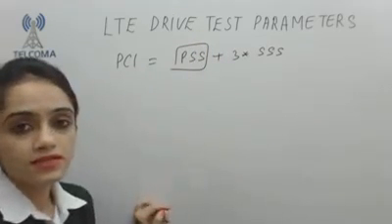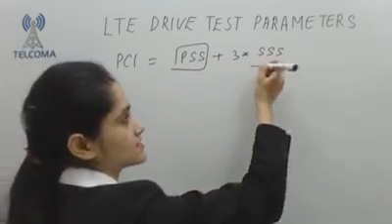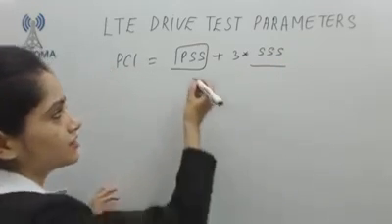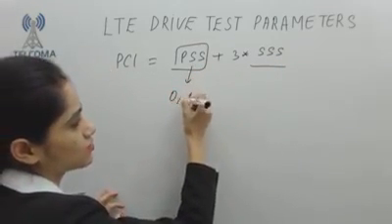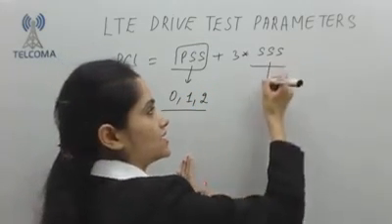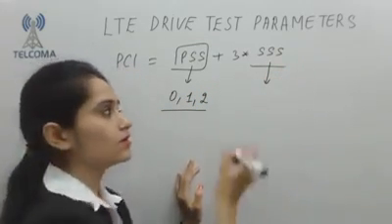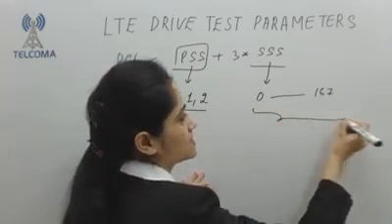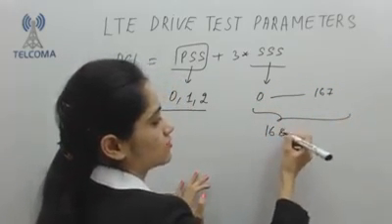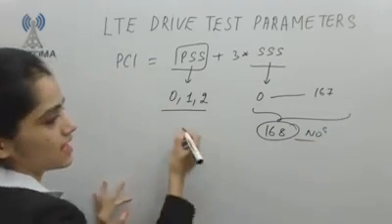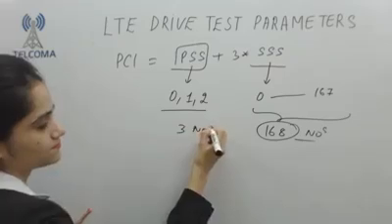PSS is primary synchronization signal and SSS is secondary synchronization signal. PSS has values 0, 1, 2, only 3 values, and SSS has values from 0 to 167, a total of 168 numbers.